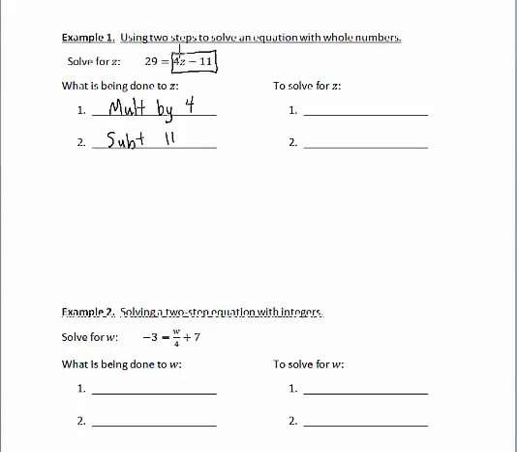So, if I were to just pluck this expression out, 4z minus 11, and just pick a number at random, it may or may not be the solution, but if I were to plug in a 2, how would I evaluate that expression? Well, I would first multiply by 4, getting an 8.